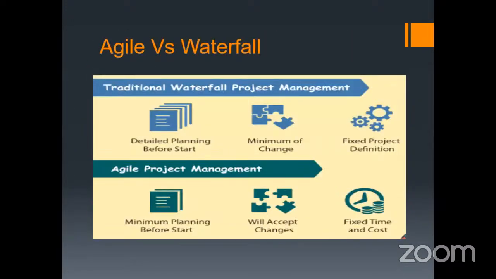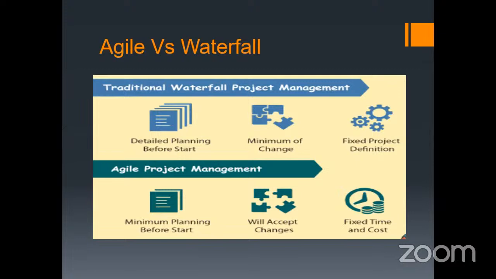Now, what is the main difference between the Agile and waterfall model? In the traditional waterfall model of project management, there is a lot of planning, and after planning, development starts. When development starts, there is very little scope to accommodate the changes asked by the customer, and there is a fixed project definition, while Agile gives you flexibility.